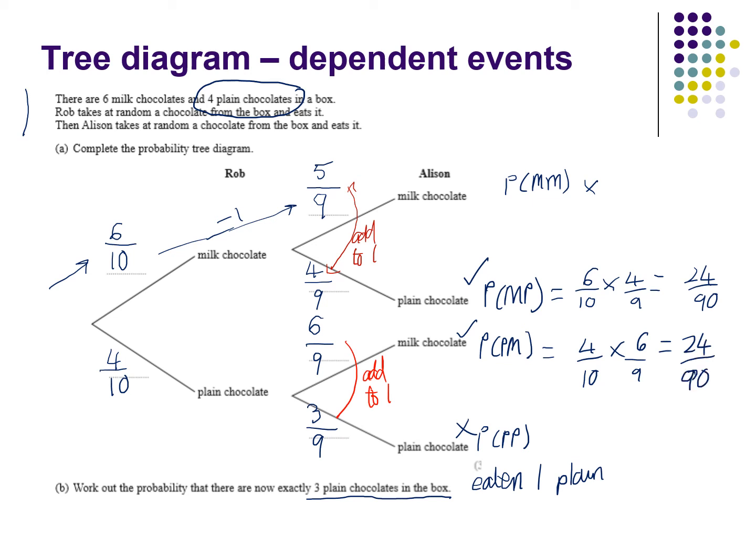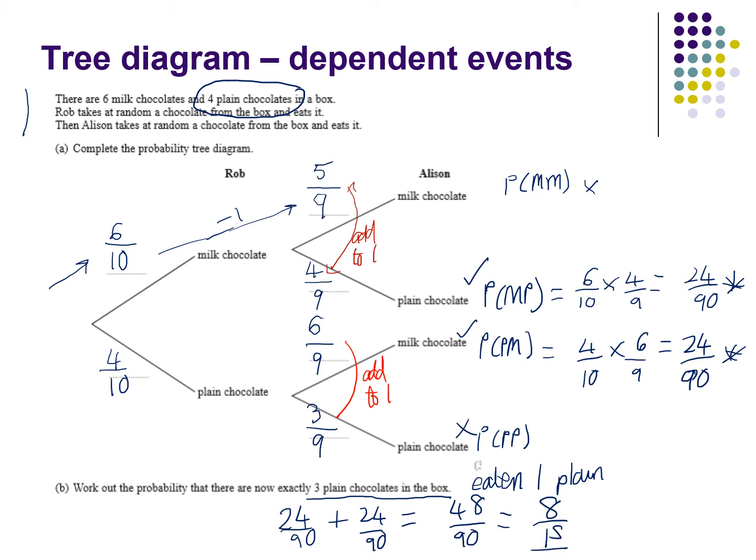So the probability that I'm interested in is this one or this one. Okay, so the probability is 24 over 90 plus 24 over 90, which is 48 over 90, which if you pop that in your calculator, it cancels to 8 over 15. They would expect you to cancel that down.